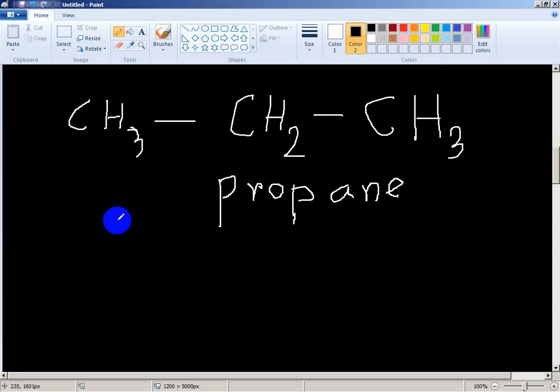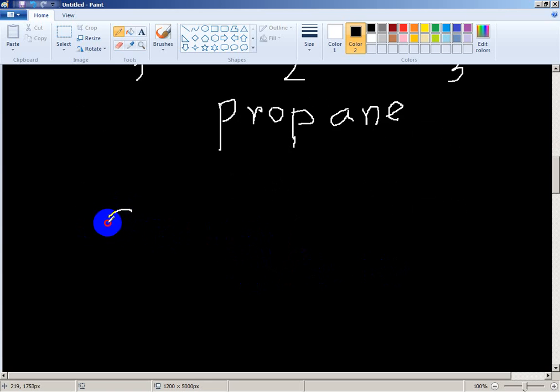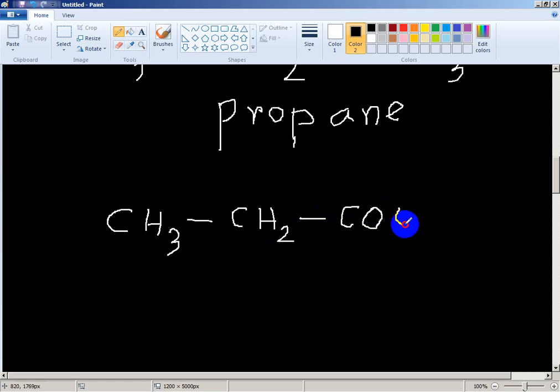We write the name of the carboxylic acid from the alkane compound. This is the carboxylic acid. Okay, why is this a carboxylic acid?